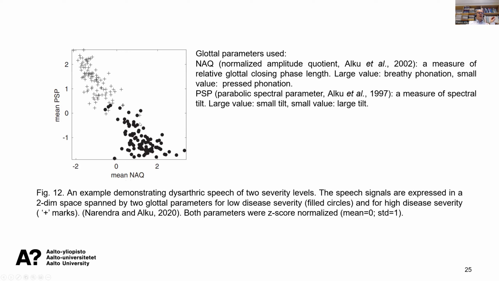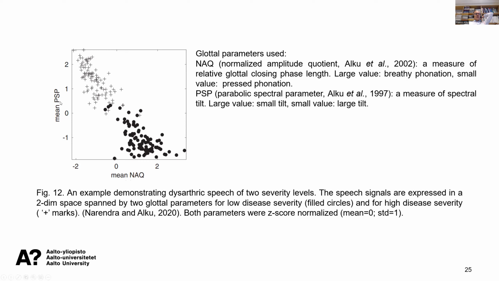This picture here shows two-dimensional space where we have two types of speech samples. The crosses refer to speech samples which were recorded from dysarthria patients suffering from a severe level of the disease, and these black dots refer to patients whose severity was less severe.